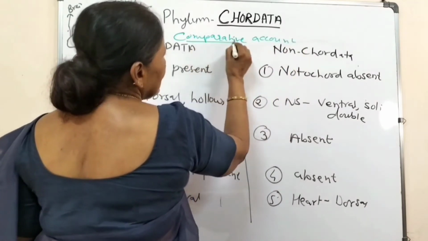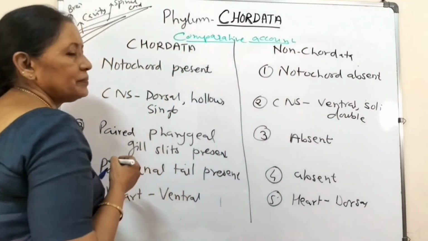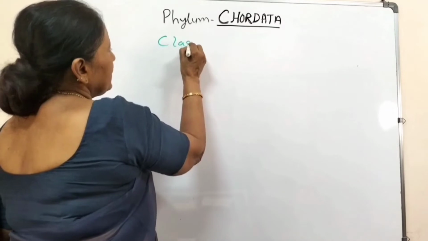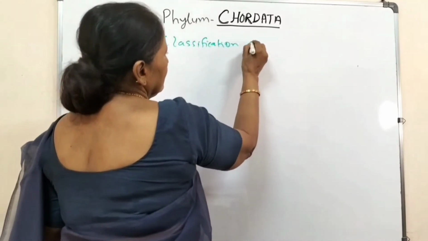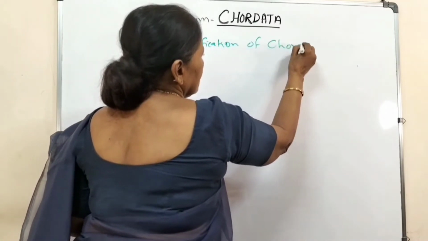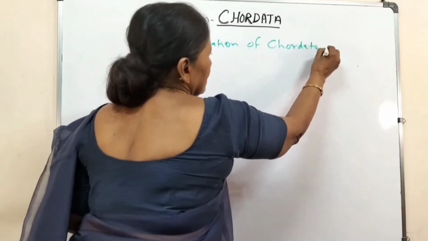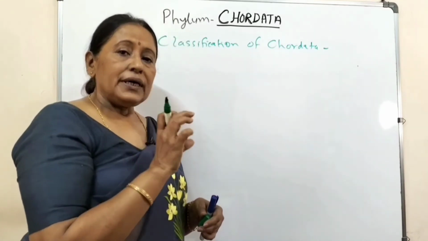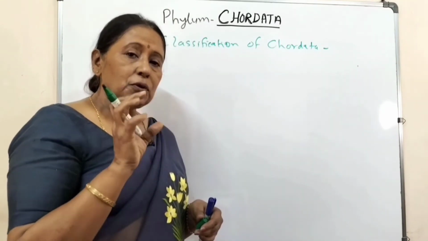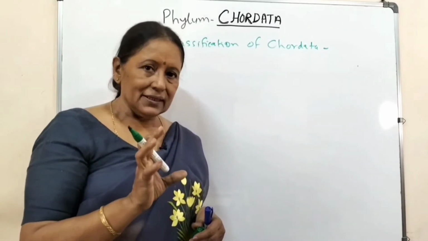When we see the classification of chordata, first tell me, children, this chordate and non-chordate group was formed on which basis?